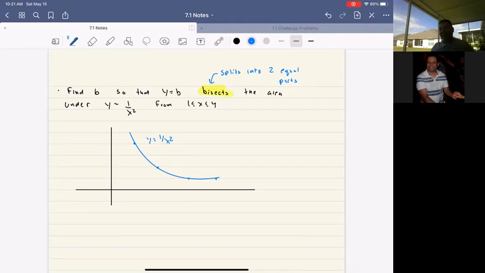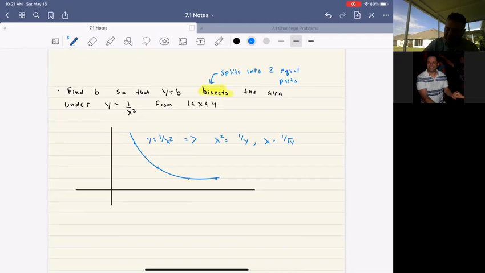Now, one thing that's nice about y equals 1 over x squared, we can actually solve that for x. x squared is 1 over y. x is 1 over the square root of y.